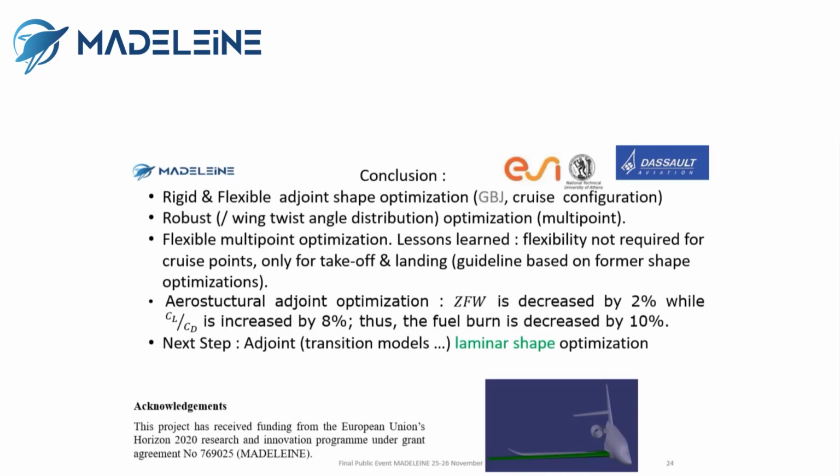But for our next step, we intend to work on a high aspect ratio wing in order to decrease fuel burn, and in this case, maybe flexibility will be very crucial, and the work done in the framework of Madeleine is operational in our optimization group.